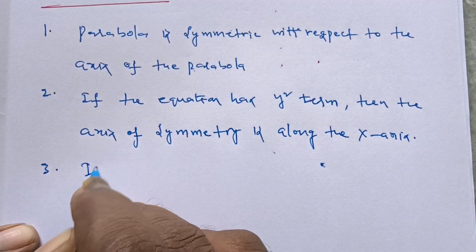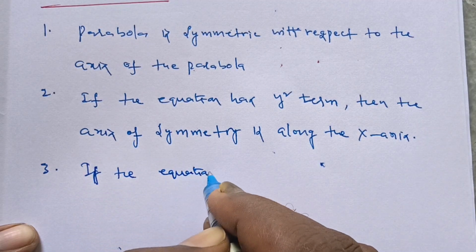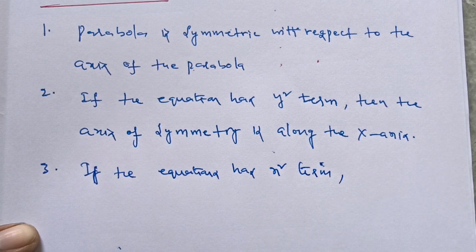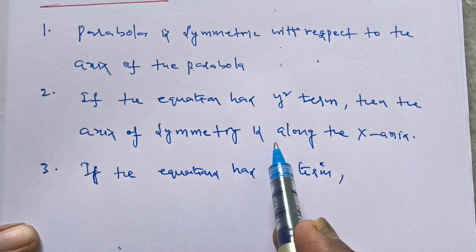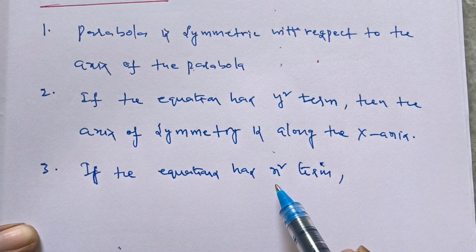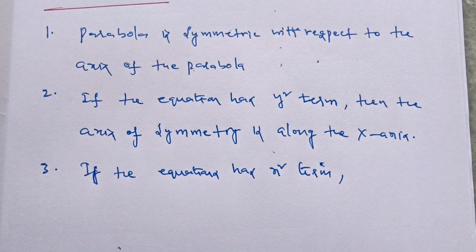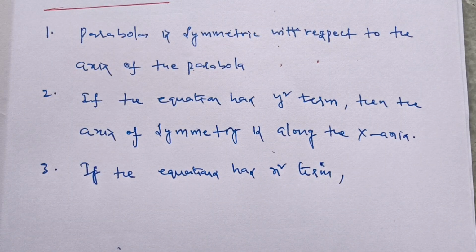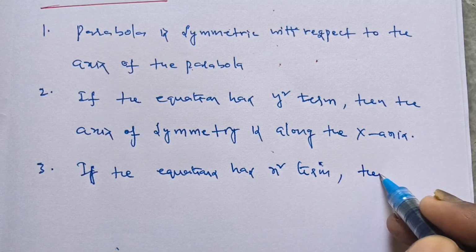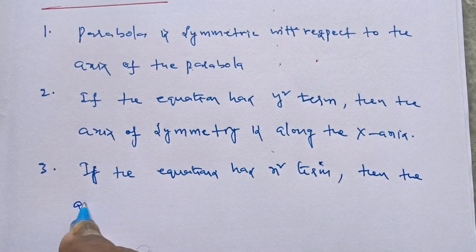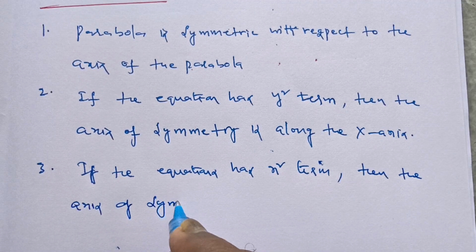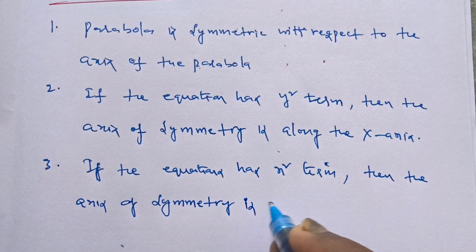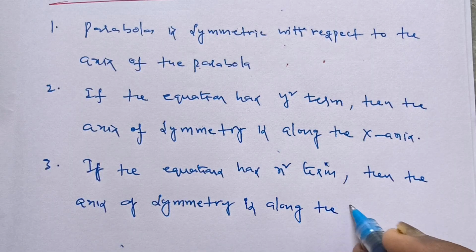If the equation has an x square term, like x square is equal to 4ay or x square is equal to minus 4ay, then the axis of symmetry is along the y-axis. So if the equation has a y square term, then the axis of symmetry is along the x-axis.